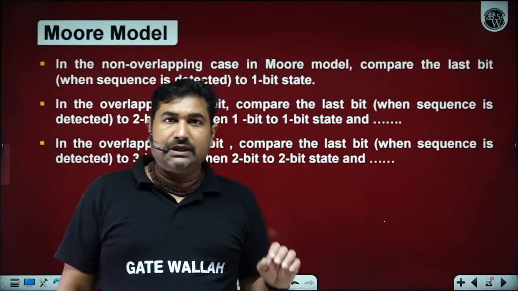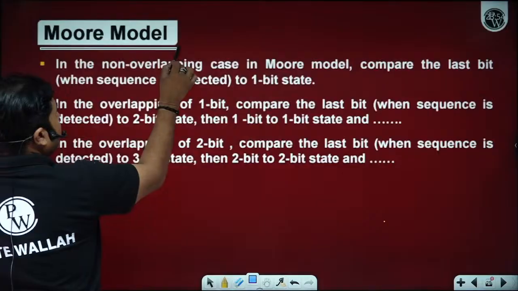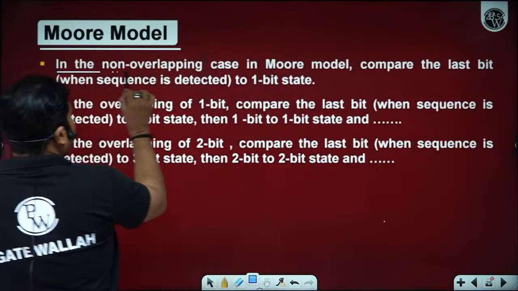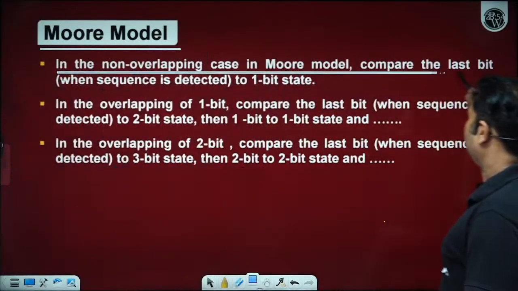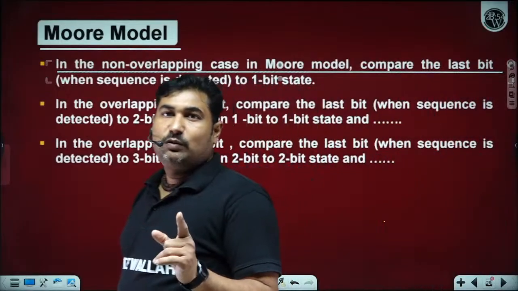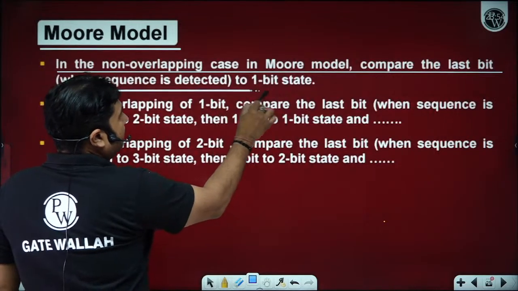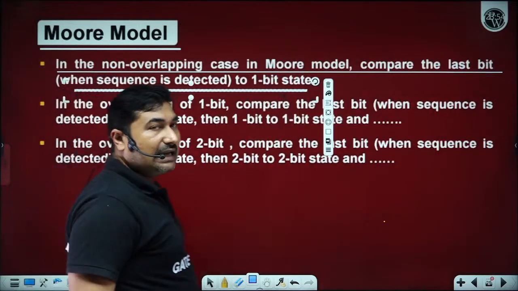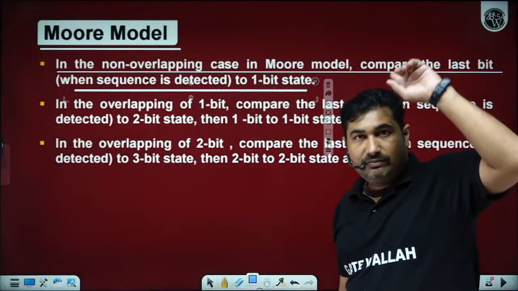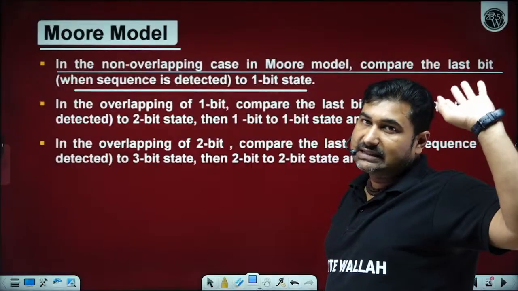Is it okay? Now please observe. In case of a Moore model, if we talk about non-overlapping, compare the last bit with the 1-bit state when the sequence is detected. However, in the Mealy model, we compare the last bit with the reset state when the sequence got detected.